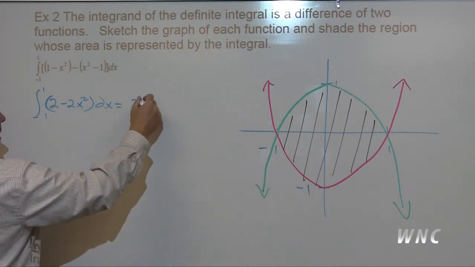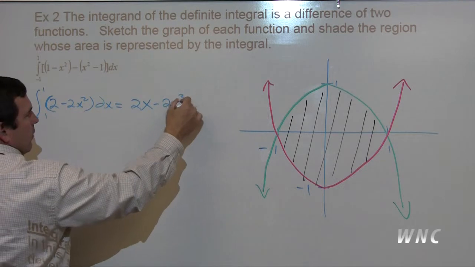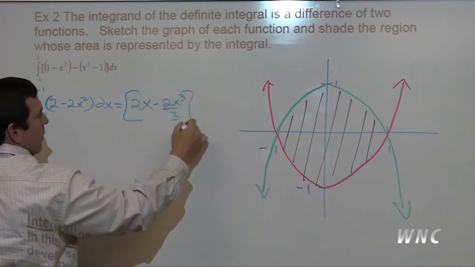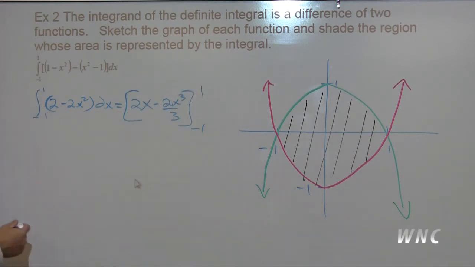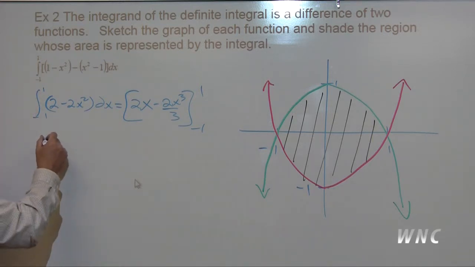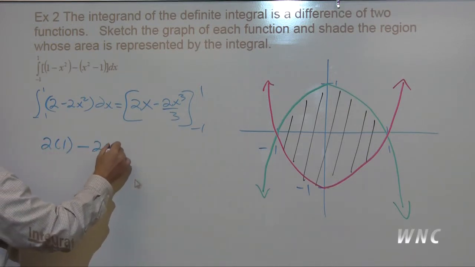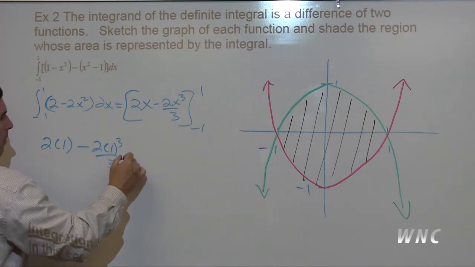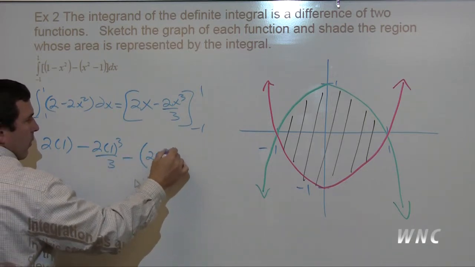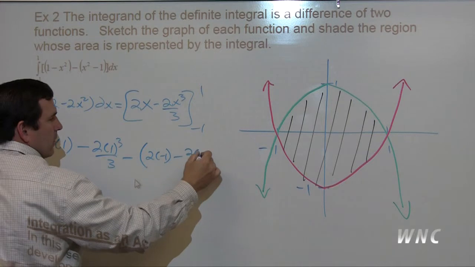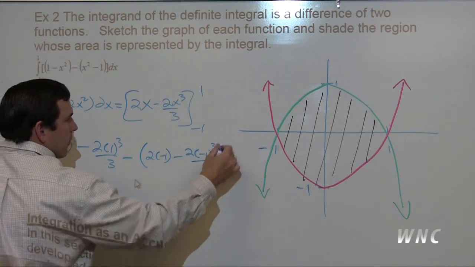It's going to be 2x minus 2x cubed over 3 from negative 1 to 1. Probably could have made it 2 times the integral from 0 to 1 because it's an even function, but we're here, we'll continue. So it's 2 times 1 minus 2 times 1 cubed over 3 minus 2 times negative 1 minus 2 times negative 1 cubed over 3.